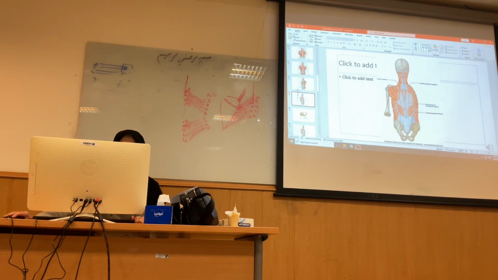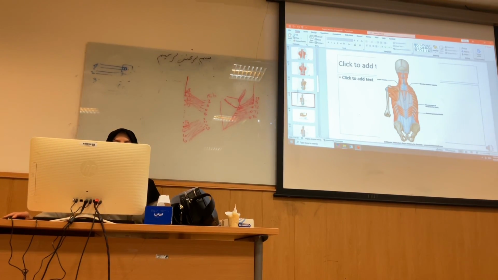Look at this muscle. This muscle is visible posterior to the neck. This muscle we call splenius. In each side, it is visible.